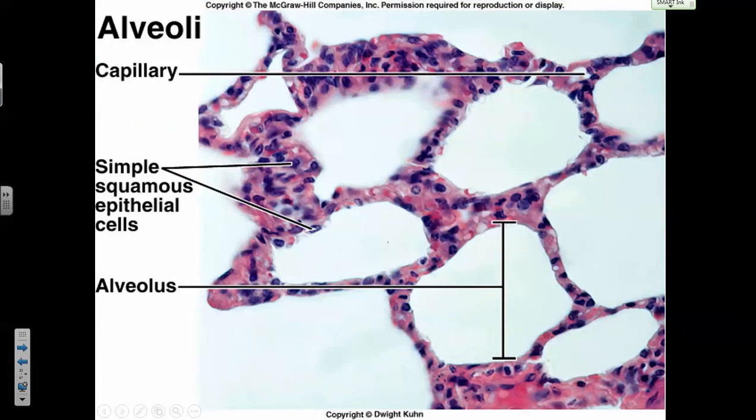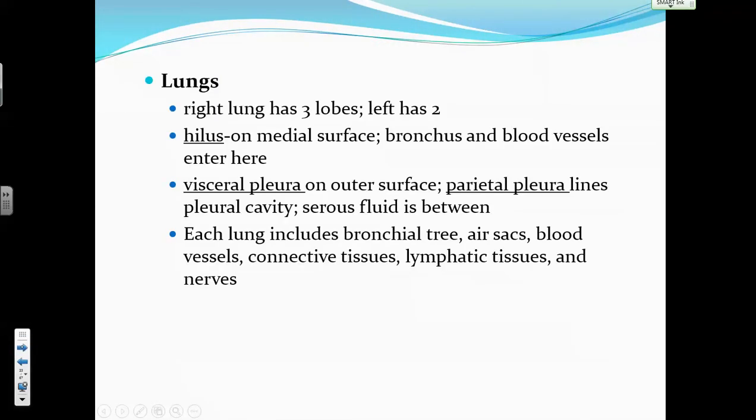Here's the real deal. So you see the alveoli, and you can see the simple squamous in between. All right, and so now we're at the lungs, but we really already have talked about the lungs. The lungs are just a combination of the bronchial tree, the alveoli, blood vessels, nerve fibers, and lymph.